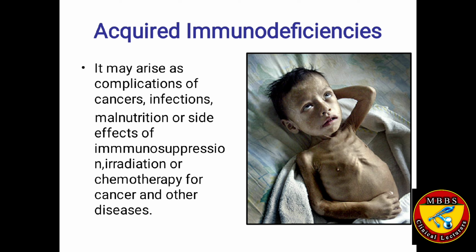Involvement of bone marrow by cancers, or by bone marrow tumors like leukemia, reduces the sites of leukocyte development. Protein-calorie malnutrition, a metabolic derangement, inhibits lymphocyte maturation and function, and after removal of the spleen, decreased phagocytosis of microbes occurs.